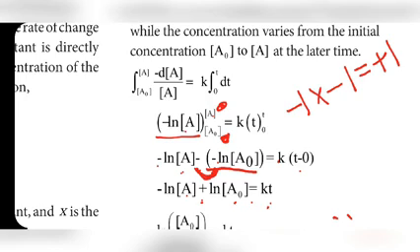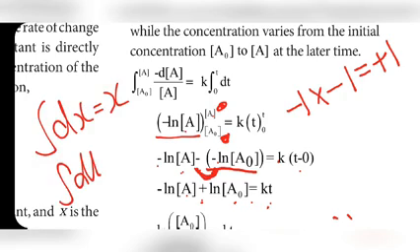Here also one formula is applied: integration dx is equal to x. So integration dt is equal to t. In that formula the limit 0 to t is applied. Here also upper limit minus lower limit.